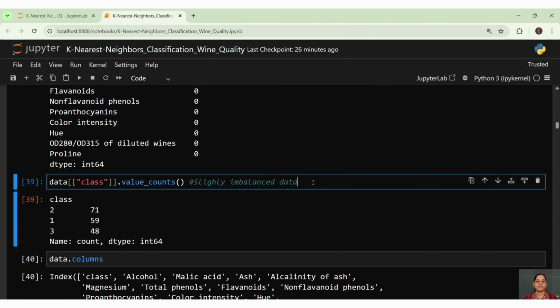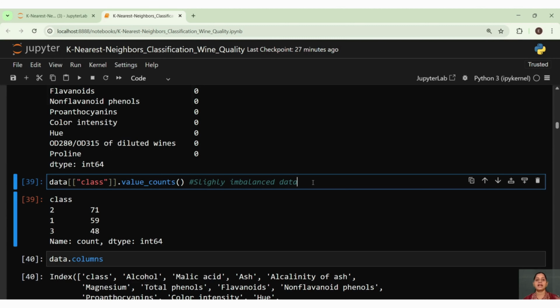Now in case of classification, one more important factor you have to observe is whether your data set contains any imbalanced data. What do I mean by imbalanced data? I have already explained during our classification video that suppose you have a data set with 3 different classes.